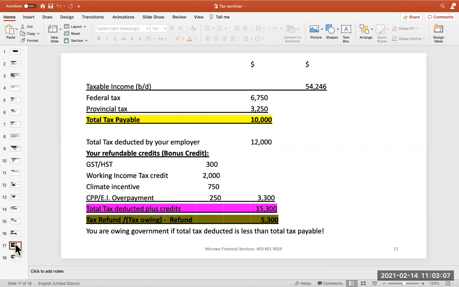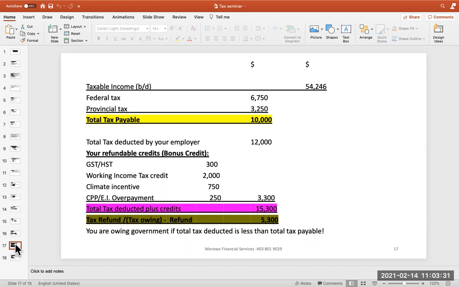If the tax deducted by the employer plus your bonus credit is more than the total tax payable, you have a refund. Otherwise, let's say the total tax payable is still 10,000, but the total tax deducted by the employer is 6,000. And the credit is still 3,300.